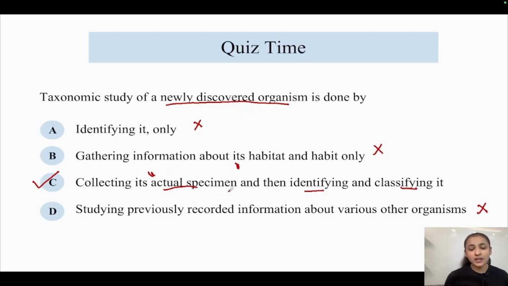First collecting its actual specimen is the first step, and then we identify and classify it. Studying the previously recorded information about various other organisms comes later. The first step is collecting the actual specimen, then identifying and classifying it by referring to the information that we have already stored for the organisms that have already been identified and classified.